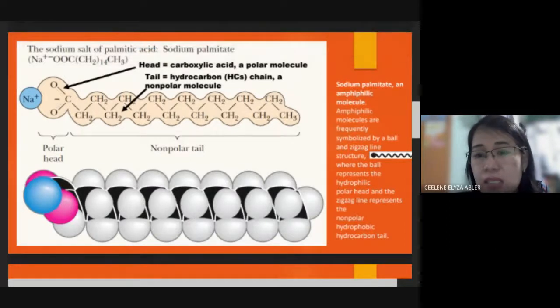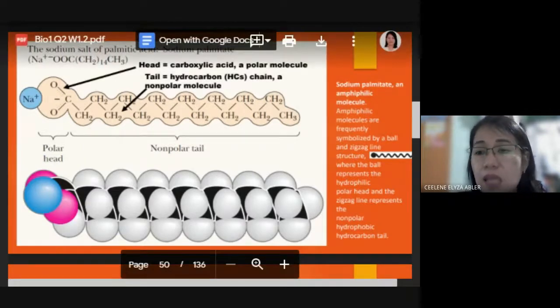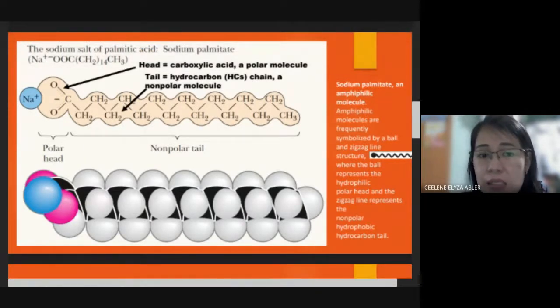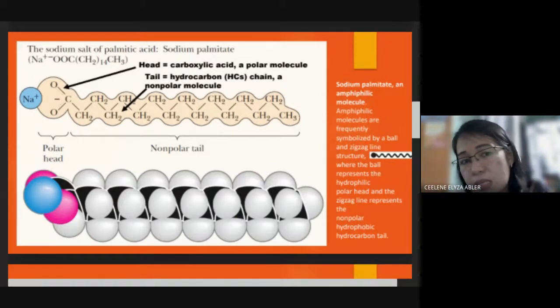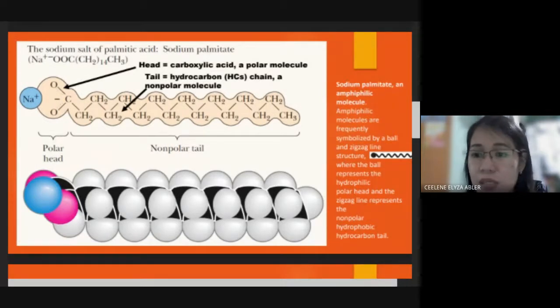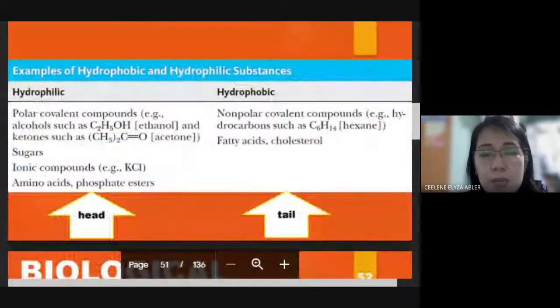Usually, mga triglycerides kasi or the lipids, they are the ones that have nonpolar tails. We call it tails because of the structure niya. It has a polar head na identified as a circle and the tail na parang pa-zigzag. It's because of the dimensionality of your carbon na structure. Sa mga magme-med, may special kayo na lecture regarding that one. Sa organic chem kasi yan siya na part.